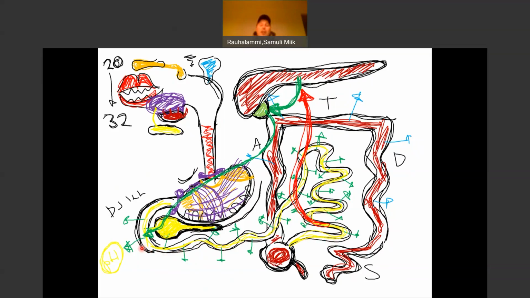Remember, there's going to be a rich blood supply to this area so that we can catch all of the energy and we can catch all of the nutrients that now get absorbed within this area of the small intestines. And we catch those with the bloodstream. Most of that bloodstream gets directed immediately to the liver, and one of the functions of the liver is to store the energy from this blood so that it can be recruited and released when needed.